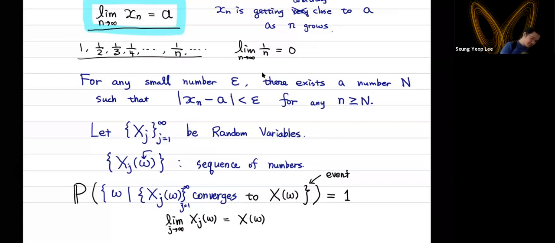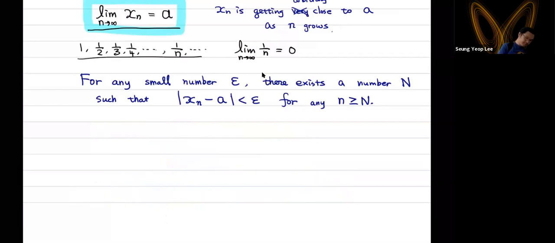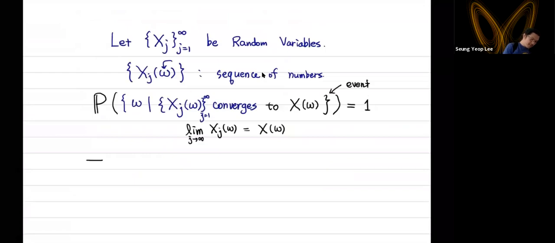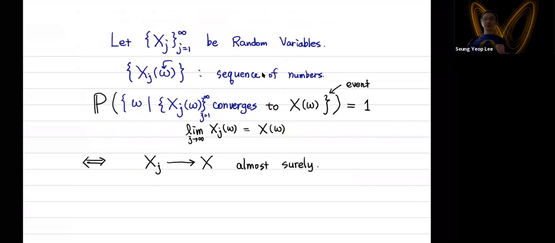Let's move to the next page. Then we say that xj, the random variable xj, converges to x almost surely. That's the definition of important convergence property of the random variables.